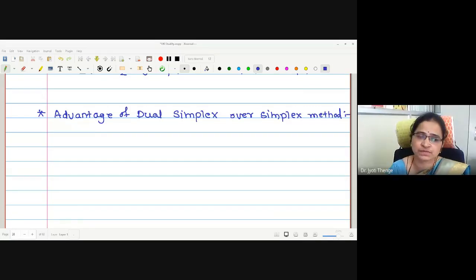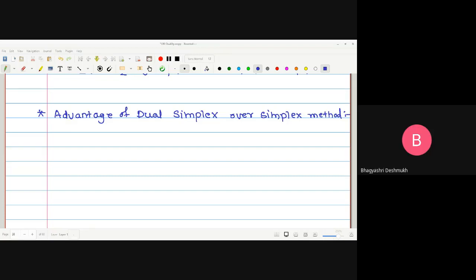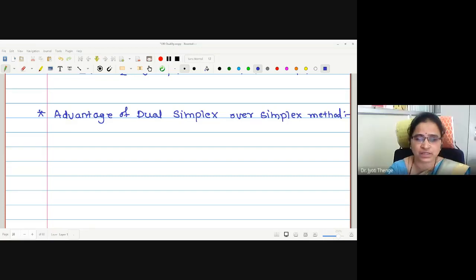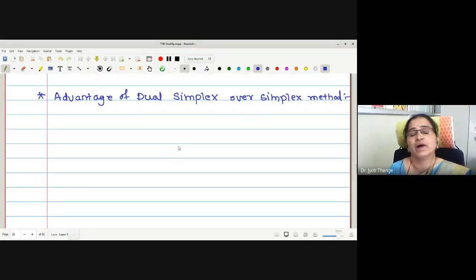Which type of variables were we using for this? Artificial. Right? But in the dual simplex method we solve without using the artificial variable, because whenever the artificial variable is involved, we have to take care of a lot. In the beginning we give the big cost, and later we have to reduce it. In two-phase, we solve the problem in two different steps, which may increase the number of tables.